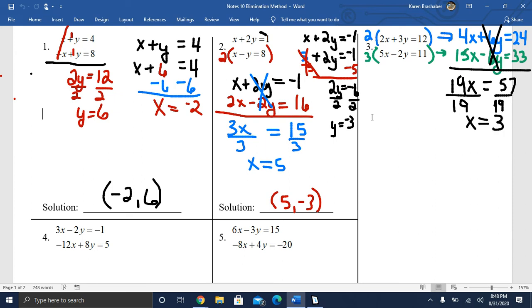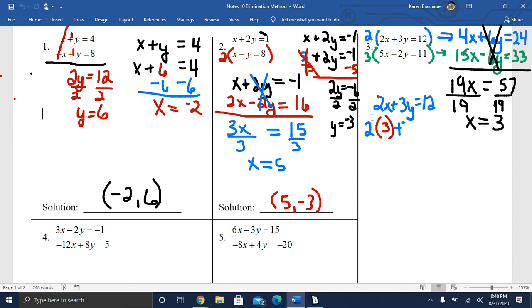So we have found the x. We'll go back into the original, and I'm going to do the top equation. So let me write that down. 2x plus 3y equals 12. I'm going to substitute in place of the x. I'll use my answer. My x was a 3.